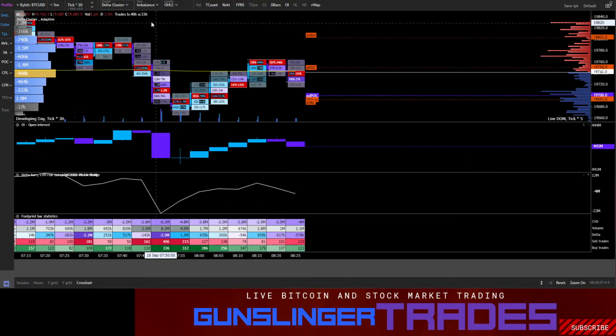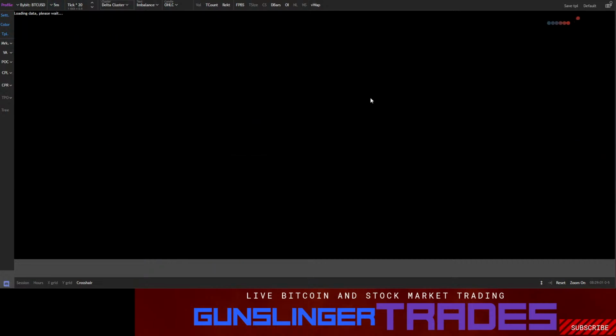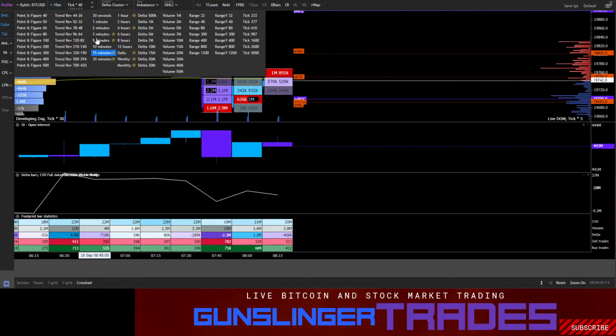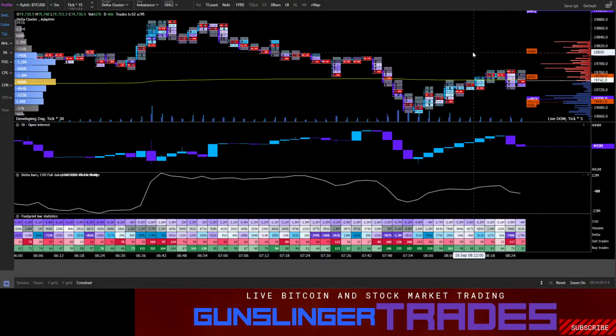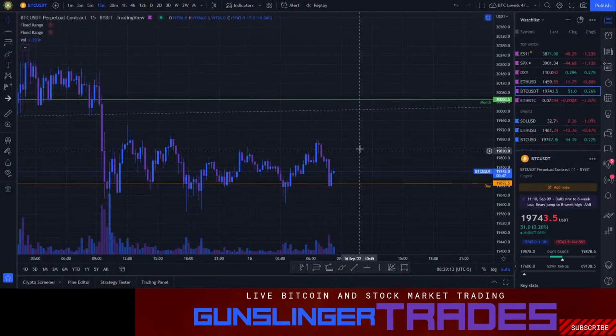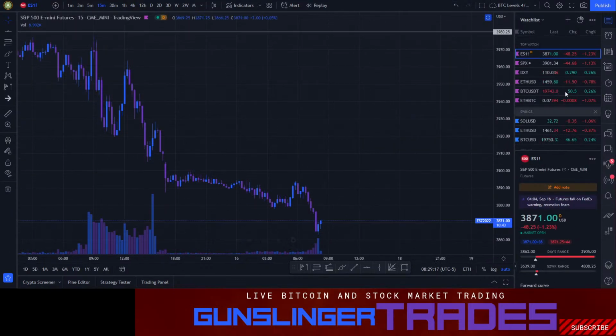But anyways, just looking locally, this move down looks weak. About a minute here before the US opens, the bell starts ringing, the cash open. Looks like ES is pumping.